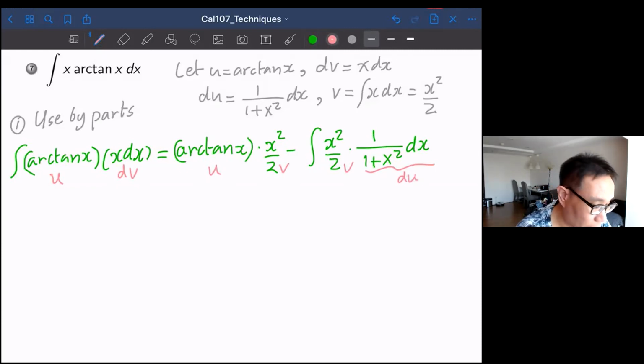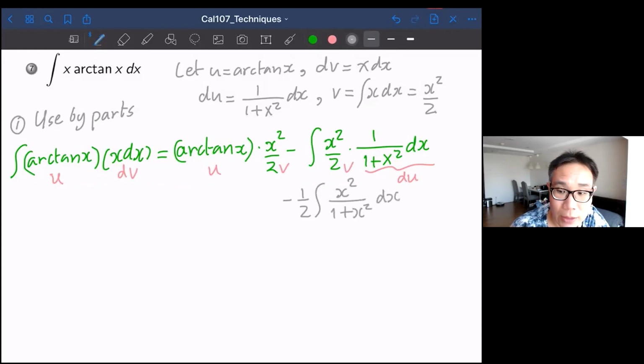Okay, and then what? You see that this one seems complicated, but it's not a lot more complicated than before. This one is going to be just integrate x squared over 1 plus x squared dx. So you're going to do the trick that we have seen earlier.